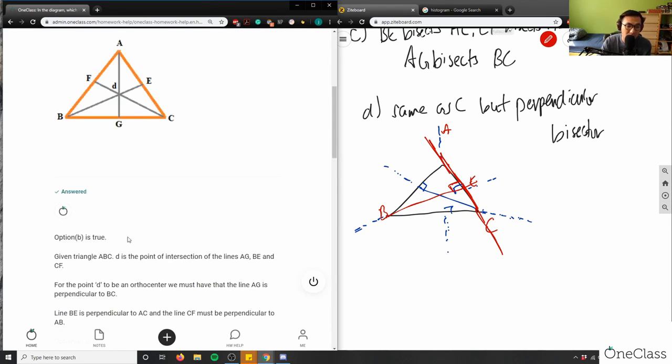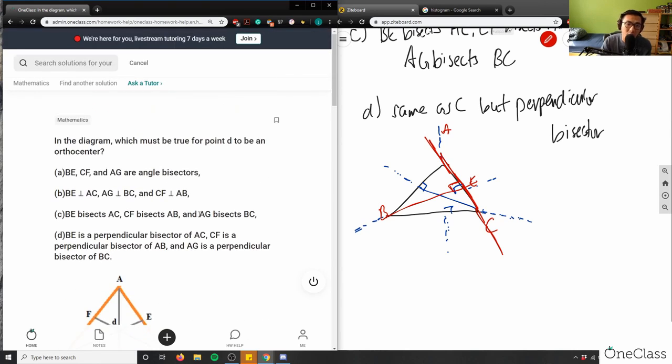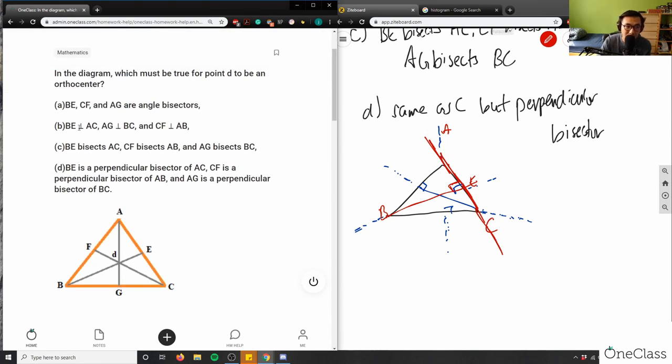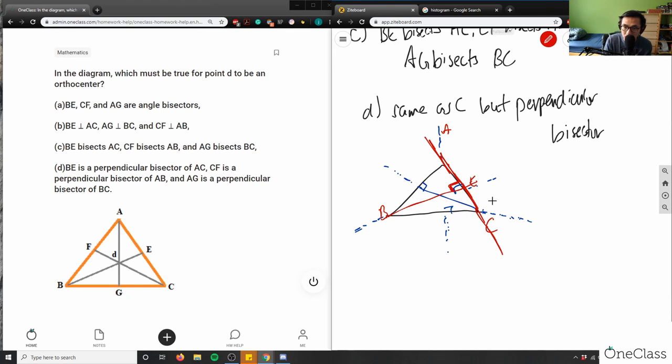So like they said, option B is true, right? So why do we know B is the correct answer? Because BE is perpendicular to AC, right? As we showed from the orthocenter, BE here is perpendicular to AC, right? So this is a right angle here, and that's correct. For point D to be orthocenter, that's the definition.